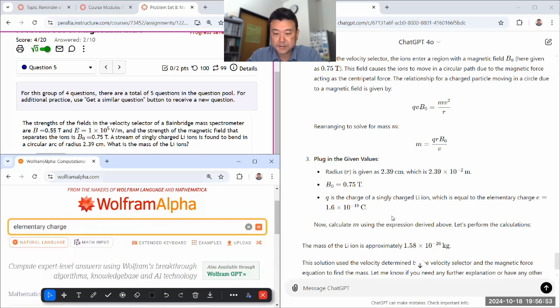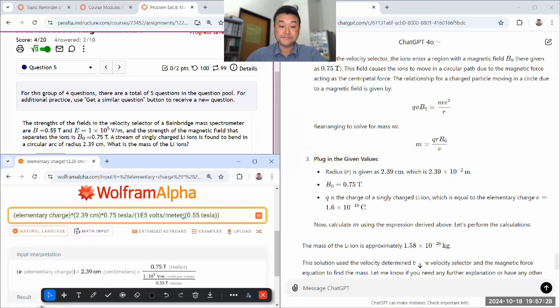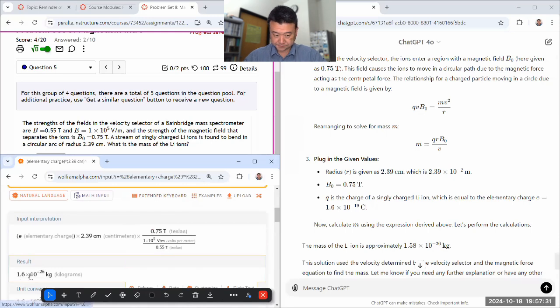Elementary charge times the radius 2.39 centimeters times this applied magnetic field 0.75 Tesla, which is a pretty large magnetic field, divided by v. For v, I'm going to do E over B, so 1E5 volts per meter divided by 0.55 Tesla. Let's see if this gives me something in the unit of mass. Yeah, 1.6 times 10 to the minus 26 kilograms.